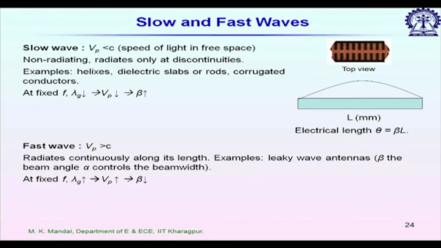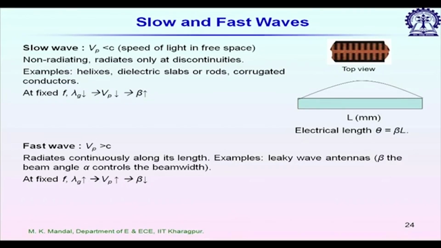We will see later that rectangular waveguide supports fast wave, but since rectangular waveguide is a closed structure, it does not radiate along its length. But if we have some semi open structure like microstrip line, it will radiate continuously along its length. So, we can't use it as a wave guiding structure then, but another application it has is that we can design antennas.